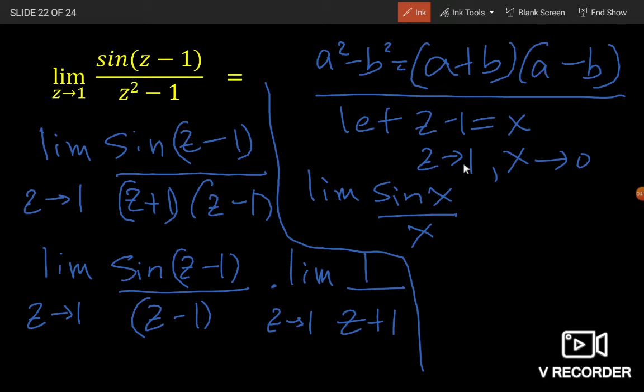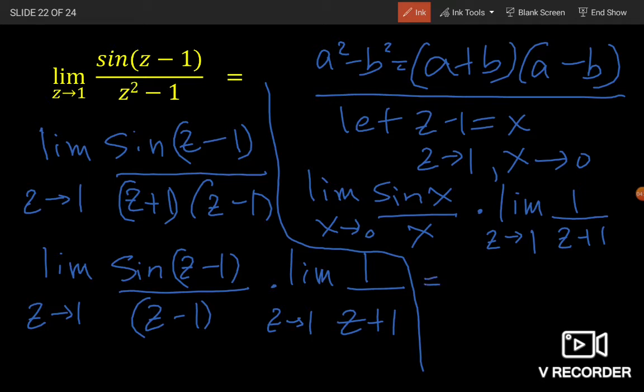And as z approaches 1, x approaches 0, so we'll put here x approaches 0. Multiplied by the limit of 1 over (z plus 1) as z approaches 1.